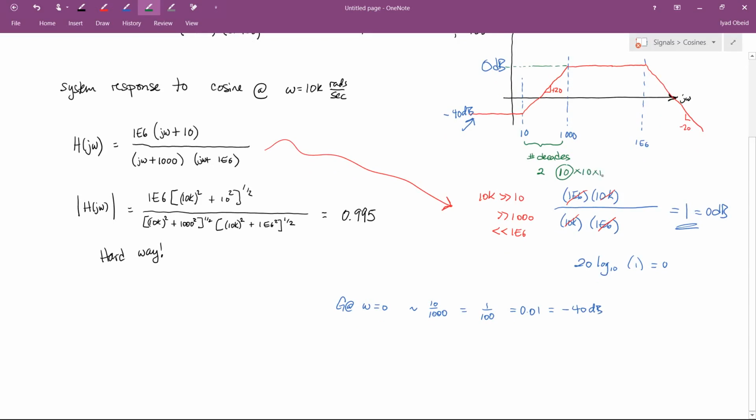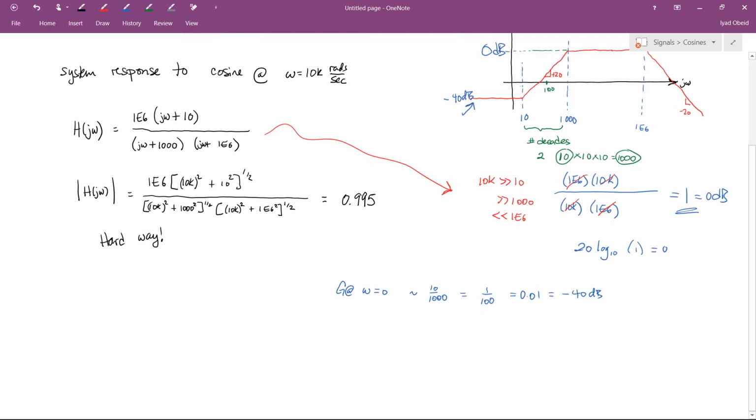By 10 a second time, that's a second decade. Then I get my final value of 1,000. So if this is 20 decibels per decade, if I go 1 decade back to 100, I know I'm going to have a gain of negative 20. And if I go another decade back to 10, that's going to be another 20 decibels down, so I was 0, -20, and now -40. Either way it works out to the same thing.